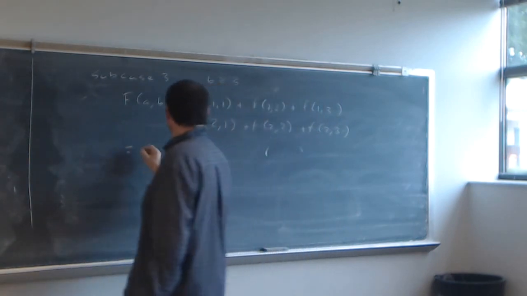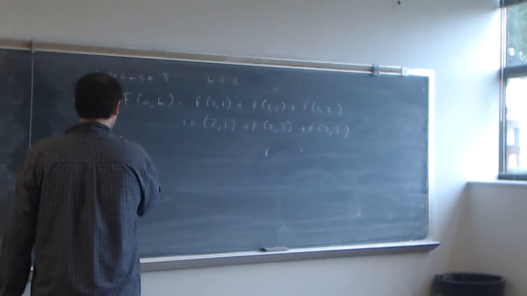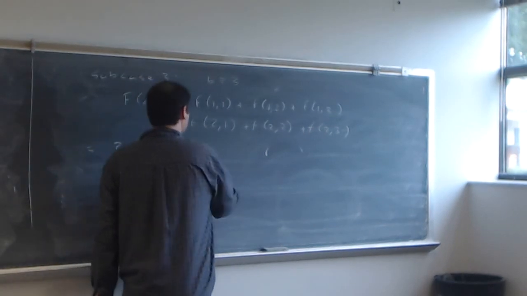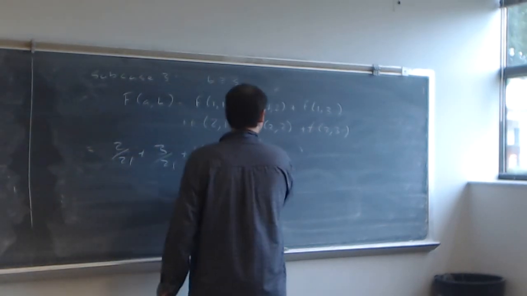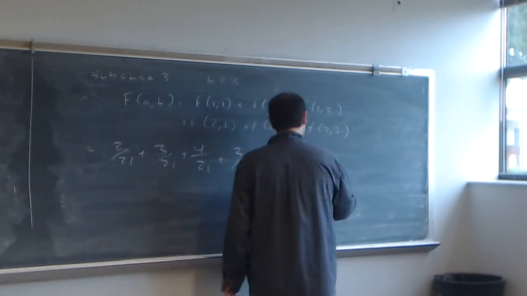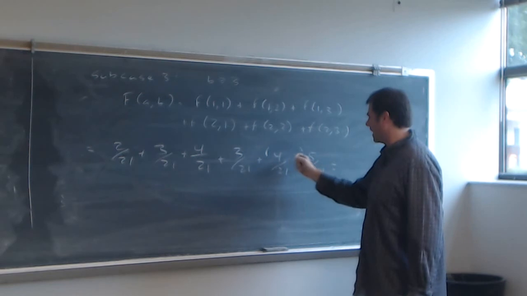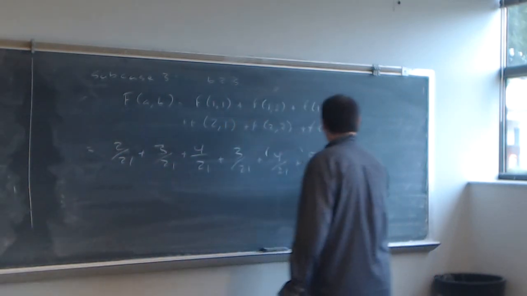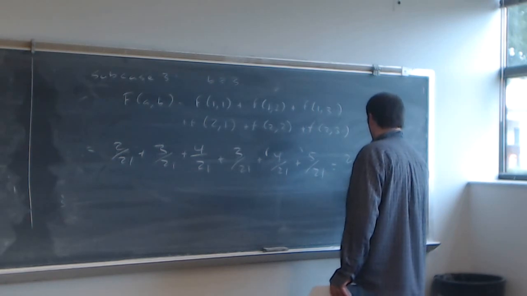Let's see what these numbers are. So this ends up being 2 out of 21 plus 3 out of 21 plus 4 out of 21 plus 3 out of 21 plus 4 out of 21 plus 5 out of 21. When I add these together, 5, 9, 12, 16, 19, 21 out of 21, which equals 1.